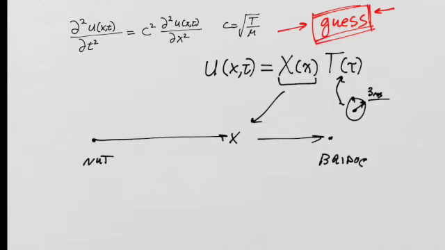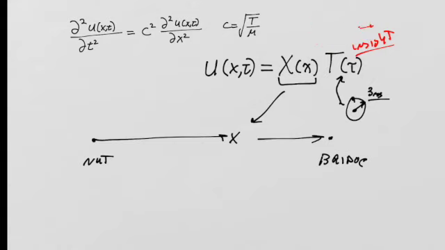Ultimately, the initial attack on this is some kind of insight or a guess. And it turns out this insight or guess is correct. It is true that every solution to this expression can be written in this form, separated.